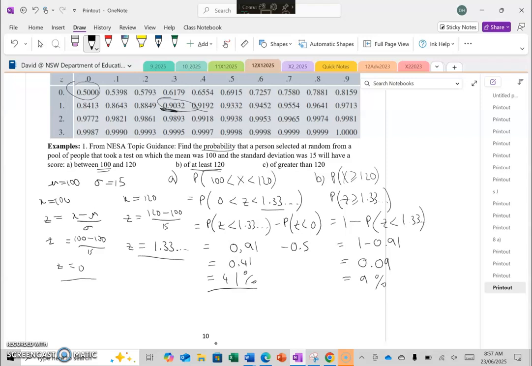C says greater than 120. Reminder that this is continuous data. This is a continuous data topic, so if you've got greater than 120, that'll just be the same as greater than or equal to 120, so the answer is still just going to be 9%.